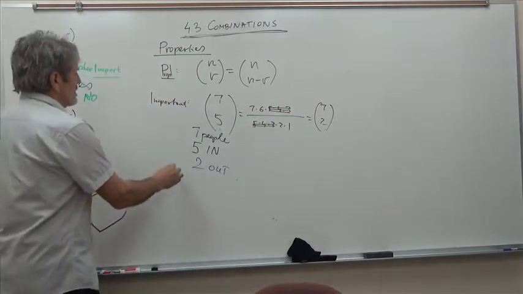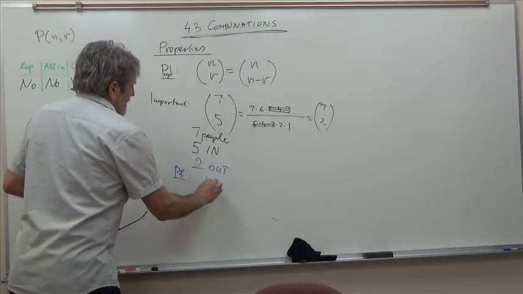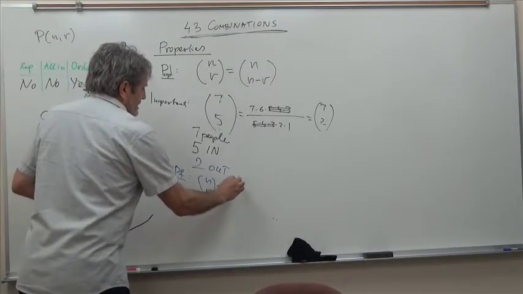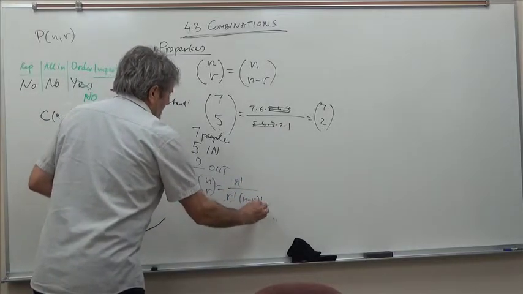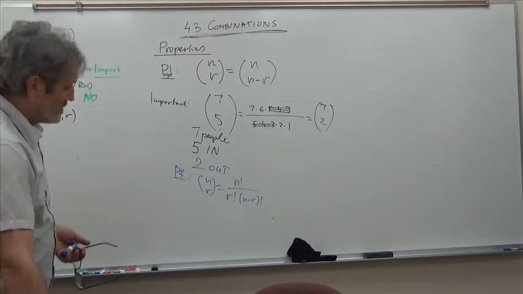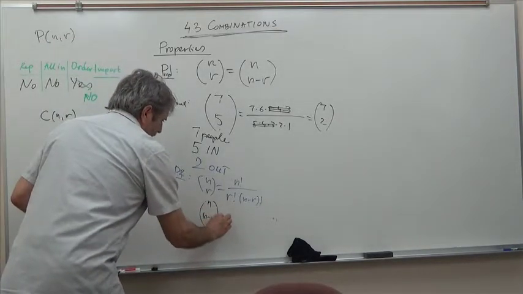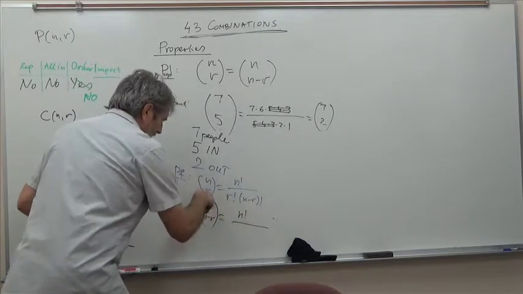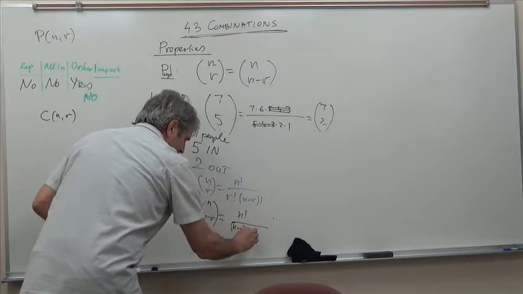Calculationally, what would be the proof? N choose R by definition is n factorial over r factorial times n minus r factorial. What is n choose n minus r? Basically the same thing, but now r, because r came first, now n minus r comes first.